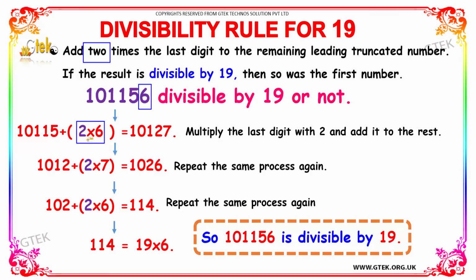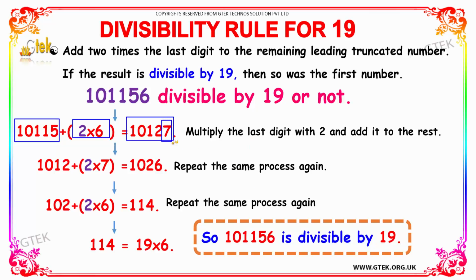You have to add this number to the remaining leading truncated number. Your leading truncated number is 10115. Adding 12 to this, you get 10127.